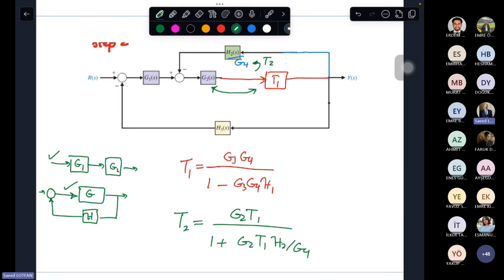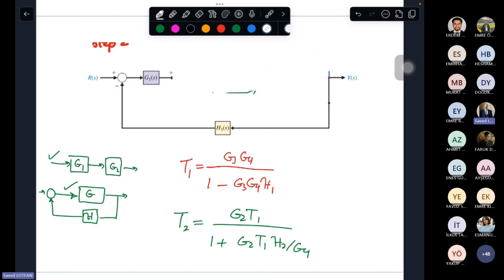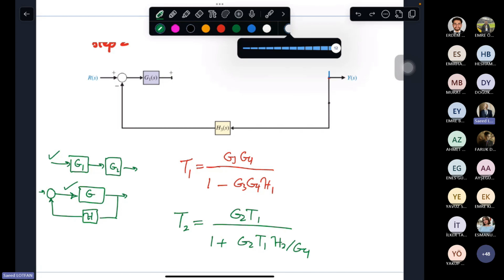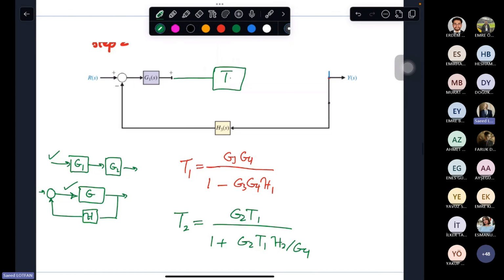Okay, this becomes a feedback. Let me also simplify this one. This guy is T2 here.